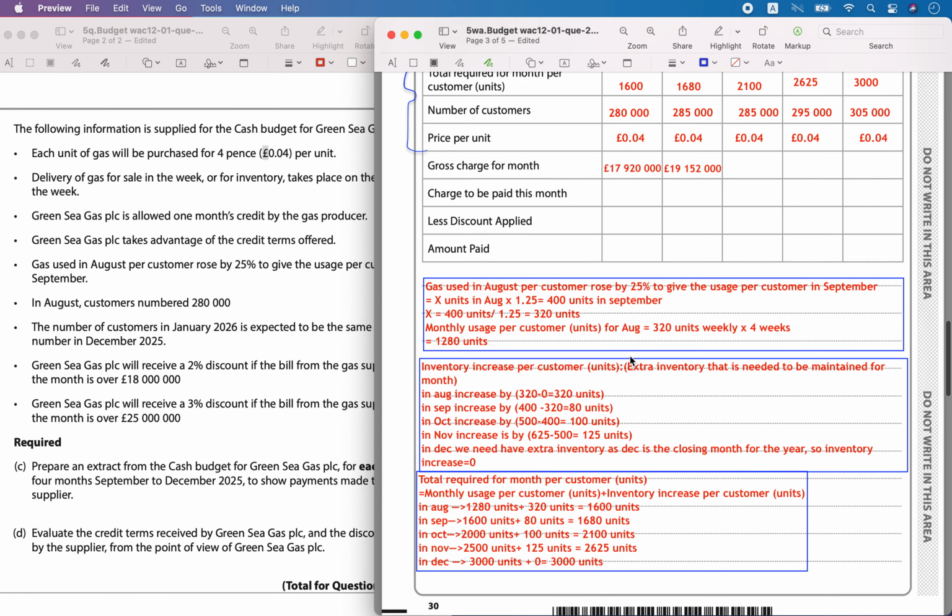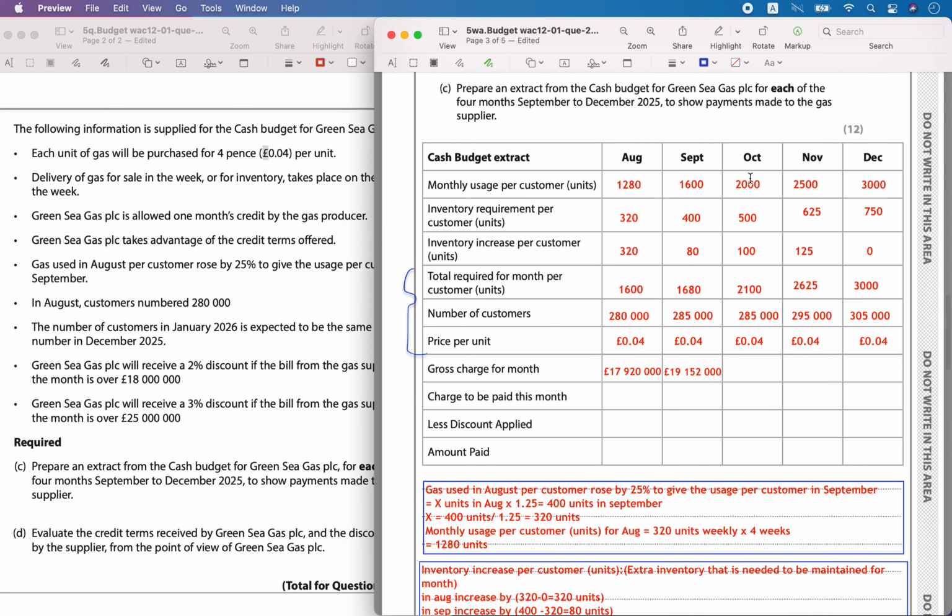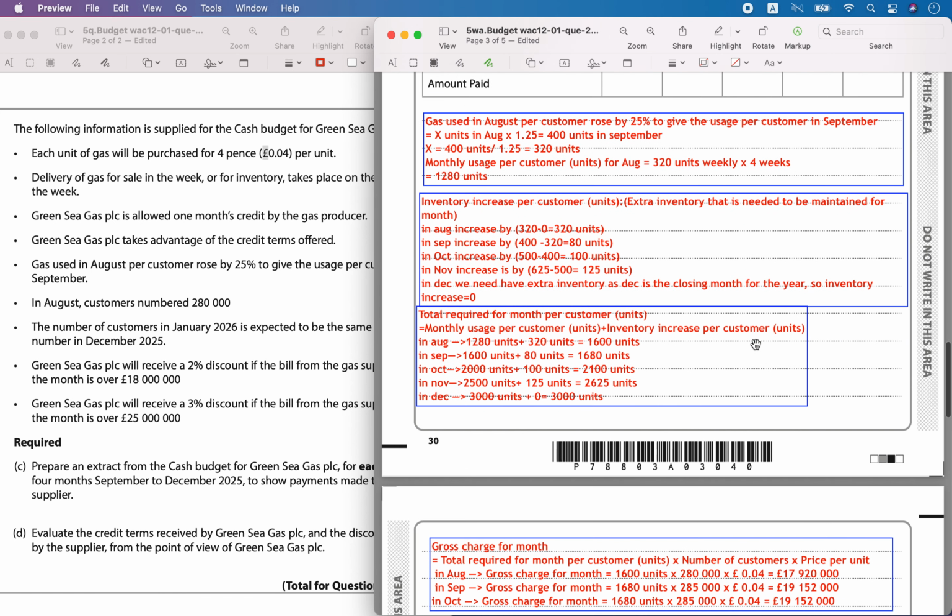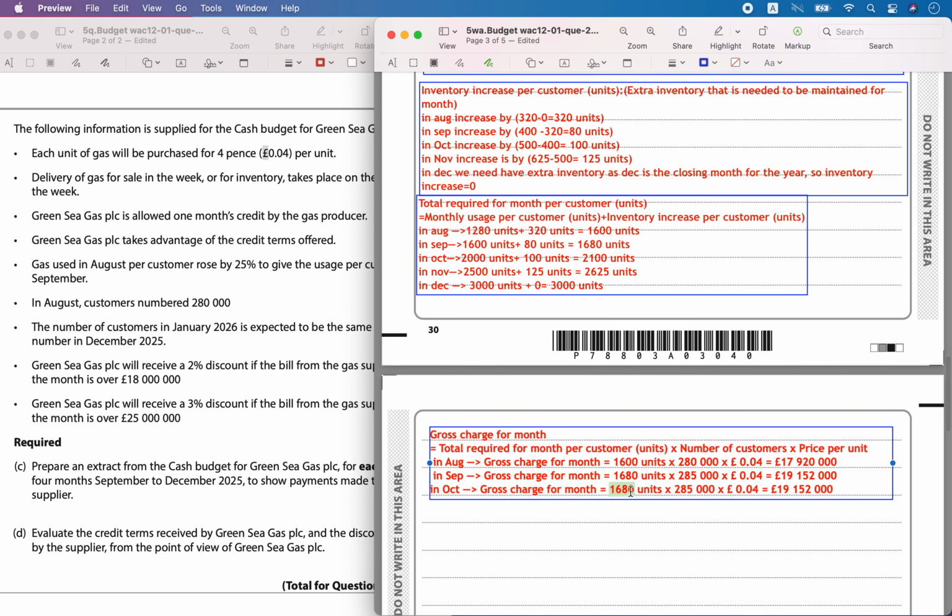The gross charge is going to be equal to the monthly unit consumed, 2100 times, that is the inventory units that was purchased, 2100 into there is 295,000 customers into 0.04. For the month of October, let's calculate the gross charge.